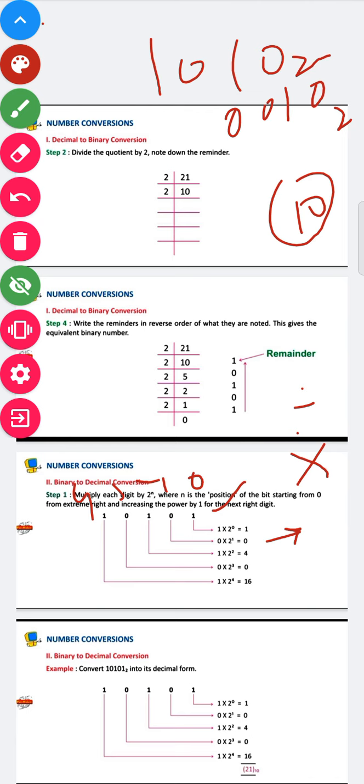After this we will write 0, the position of 0 is on the third number, next is 1, that position is on the fourth number, we will write like this.